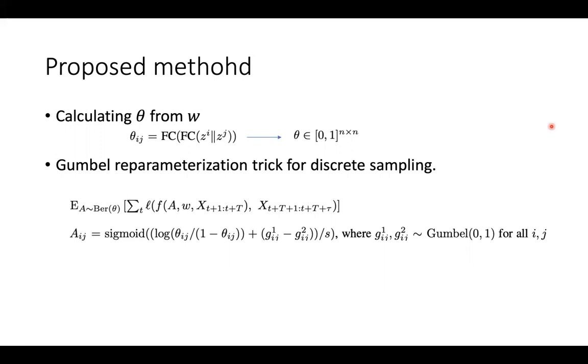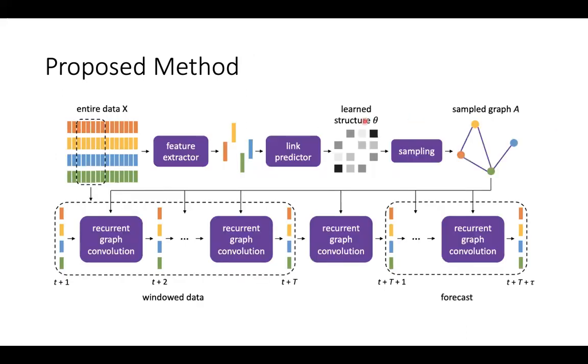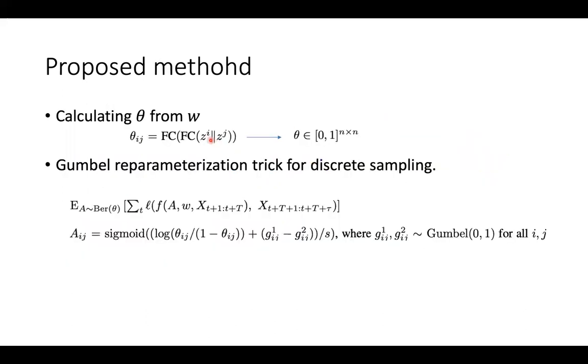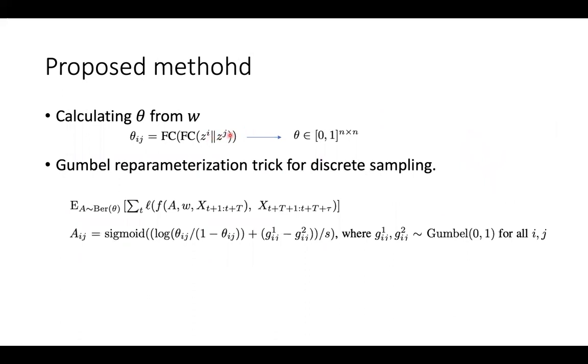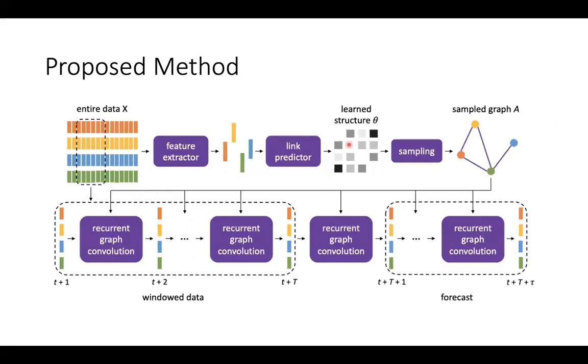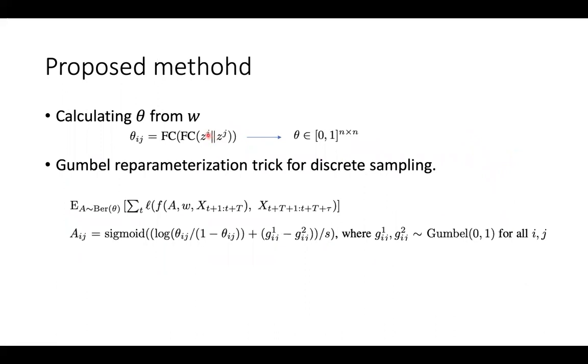As we see, now this theta is no longer initialized as n by n free parameters. Instead, they are computed from a neural network, which is called a link predictor. Once we obtain the feature vectors for each of the time series, which are this Zi and Zj, each of these corresponding entries between i and j will be computed via a very simple neural network like an MLP.